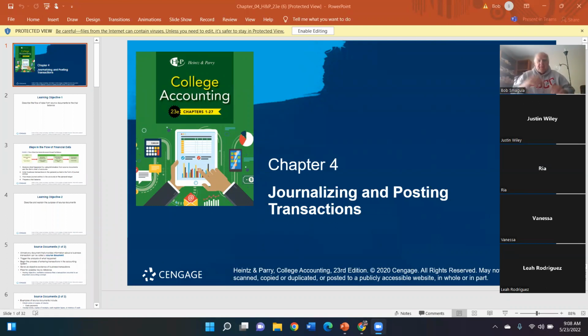We started off with this class with a little intro, types of businesses, types of industries, just a little introduction to get you going. And then in chapter 2, we introduced transactions, and we showed you how to maneuver the accounting equation using words like increase, decrease, cash goes up, cash goes down.